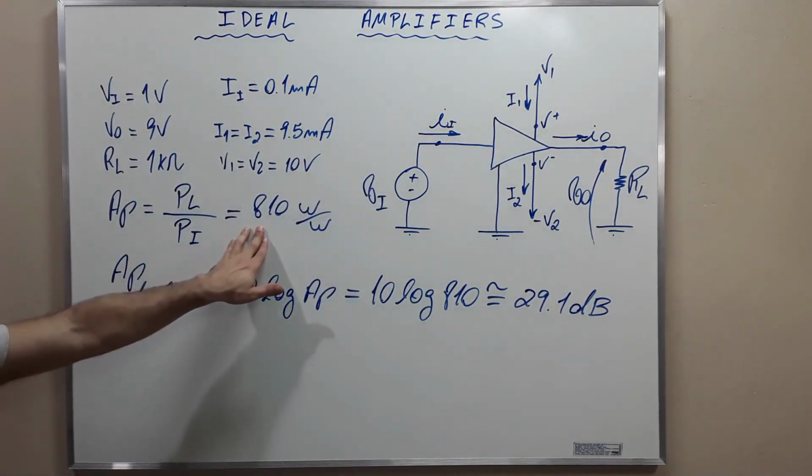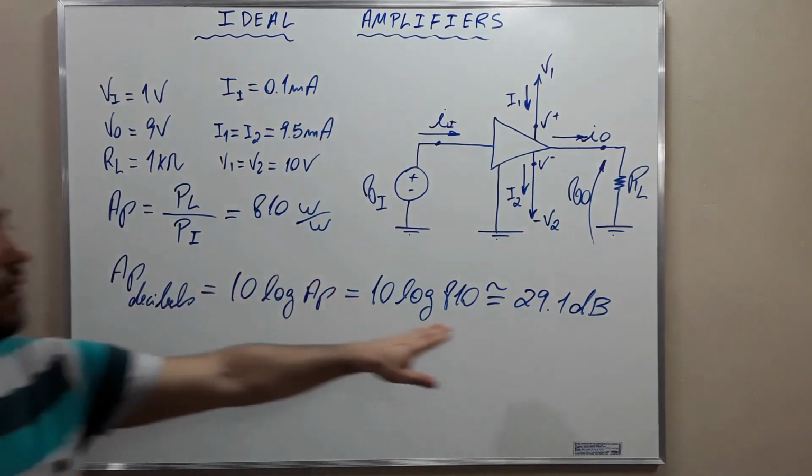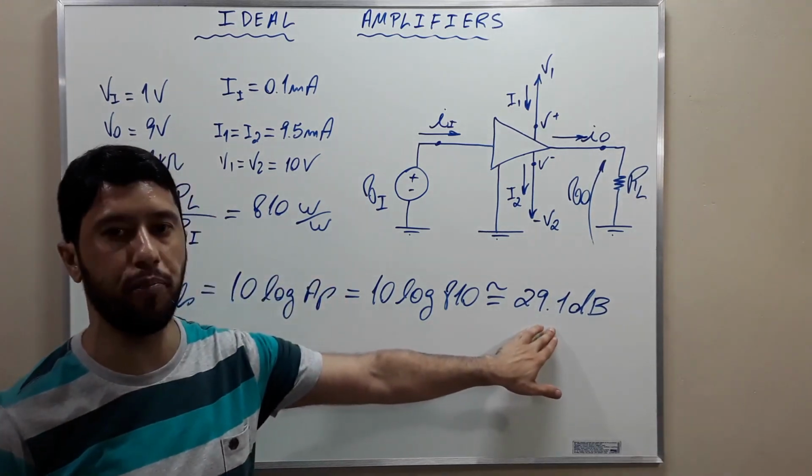This is the power gain in watts per watt, and this is the power gain in decibels.